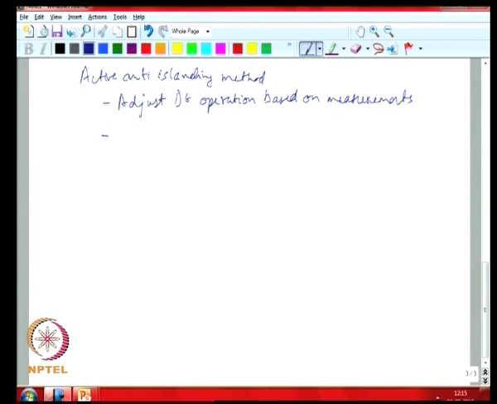Because your operating point is not stable, your voltage amplitude or your frequency would go outside the nominal range, and that fact would be used to actually open your interconnection device.